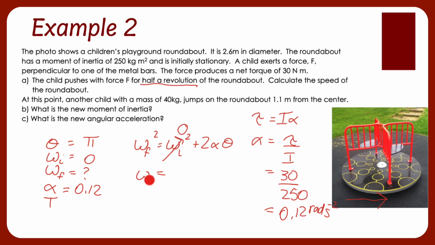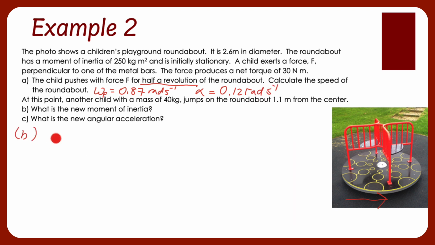So my omega f is going to be the root of 2 times my alpha, 0.12, times theta, which was pi. And if I pick up my calculator, I get 0.87 radians per second. I'm just going to put that data up here so I can erase this and I can have some more space.